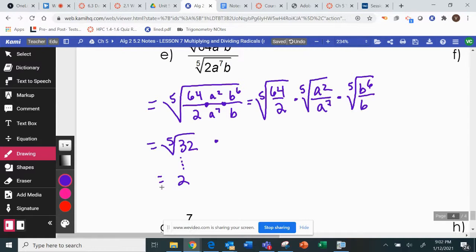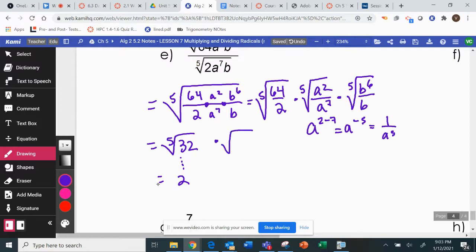Okay, so here, just underneath the root, I've got a to the 2 minus 7. So that's a to the negative 5, which is 1 over a to the 5th, and that's under the root.